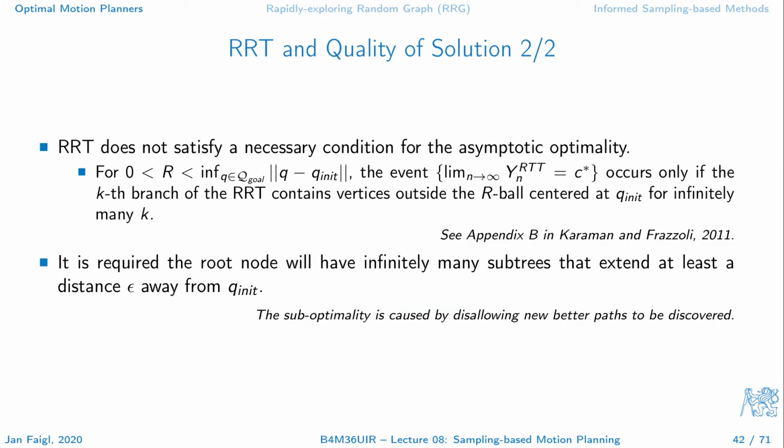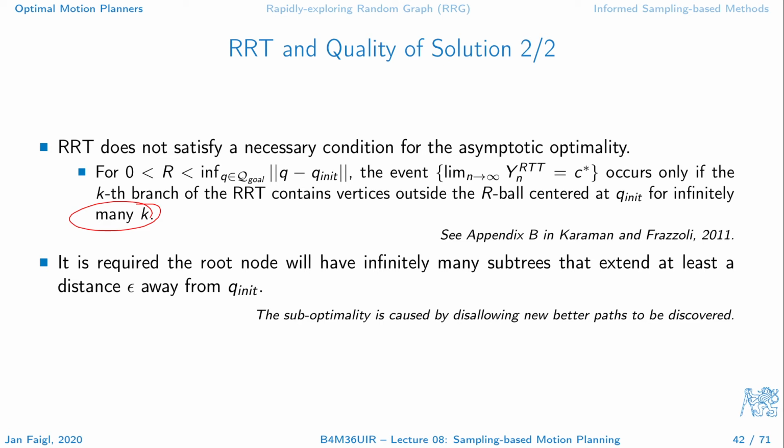So RRT doesn't satisfy a necessary condition for asymptotic optimality. What does it mean? That for some non-zero epsilon, which is below the shortest distance between the goal region and the initial location, the event that this algorithm will provide, in an infinite number of samples, the optimal solution occurs only if the kth branch of the RRT contains vertices outside this ball, centered at Q init, for infinitely many k.